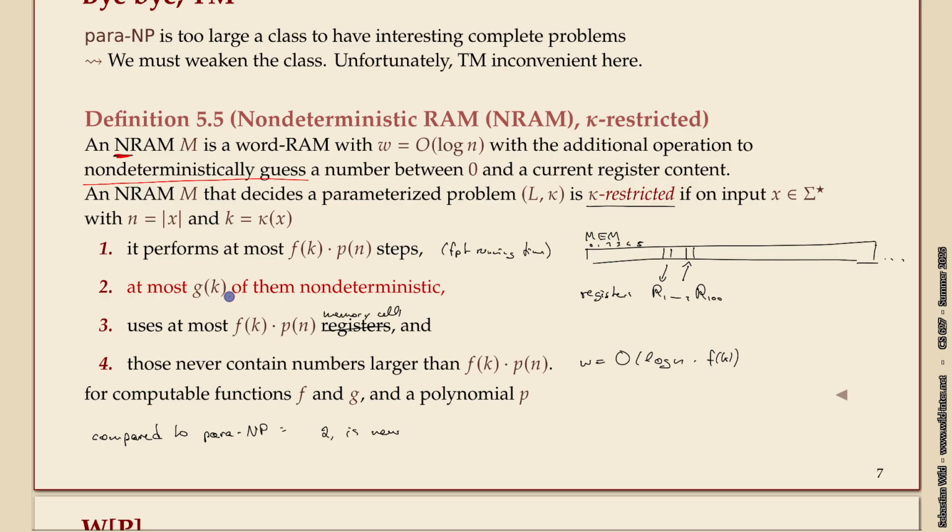You can restrict it harsher on how many of those you do. So what I'm saying is the details of how the model works for this lecture are not so important. The key step is the non-deterministic guessing step here. It's more powerful.